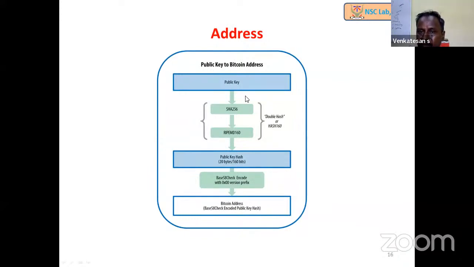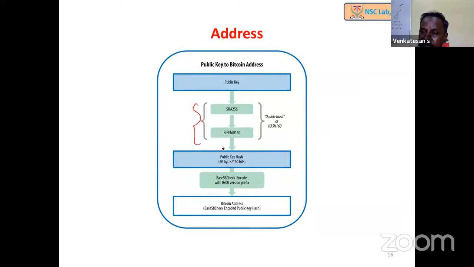So the address is derived from the public key. Anybody can validate the address because we get the person's public key, and once we get it, we can find out whether this address is derived from the public key or not. One thing we can see is that it is hashed twice.